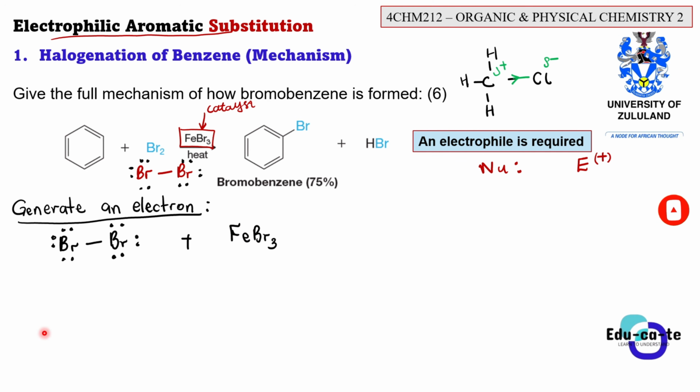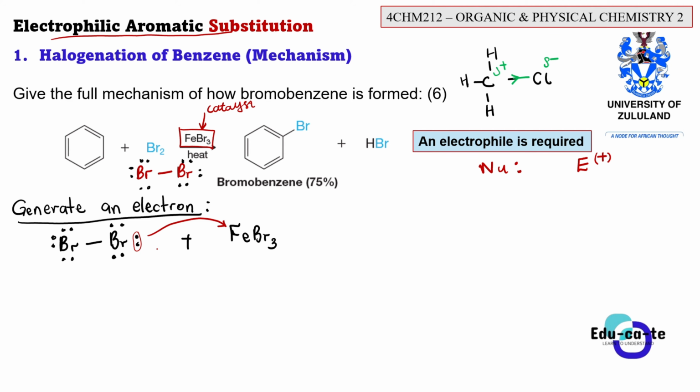So this bromine will use one of its lone pairs to react with this Fe, because the Fe has an empty d orbital, not a p orbital. Here, this bromine acts as a Lewis base in a sense.